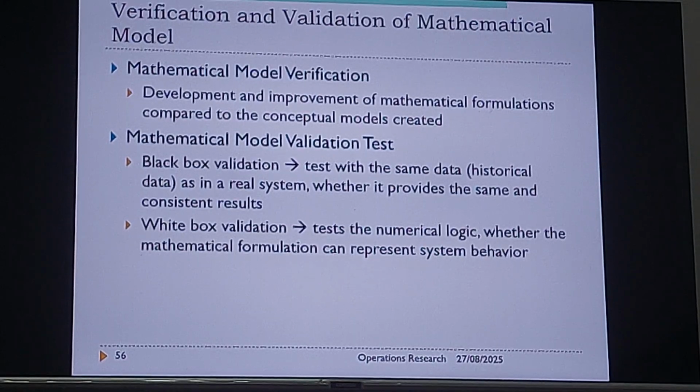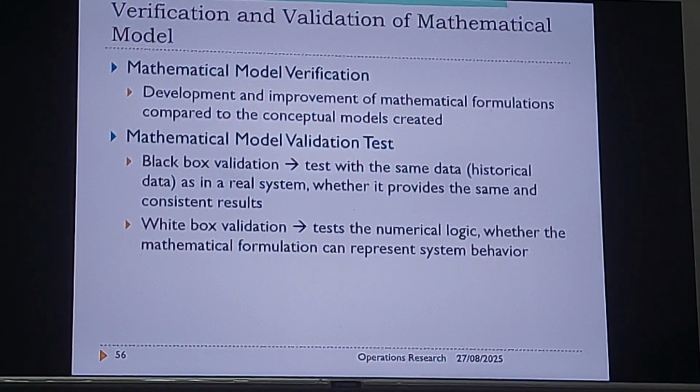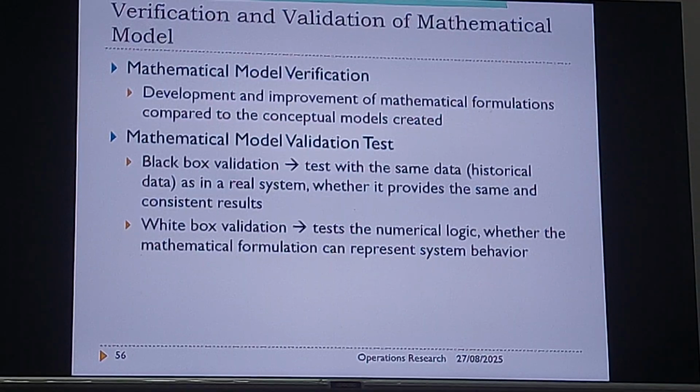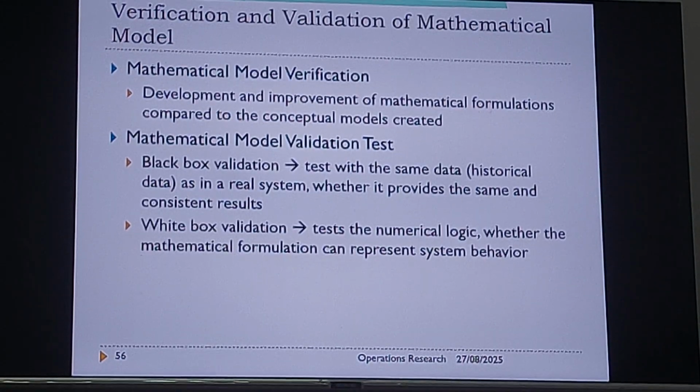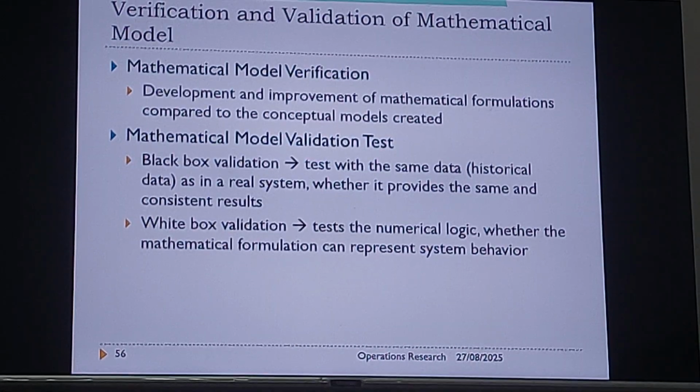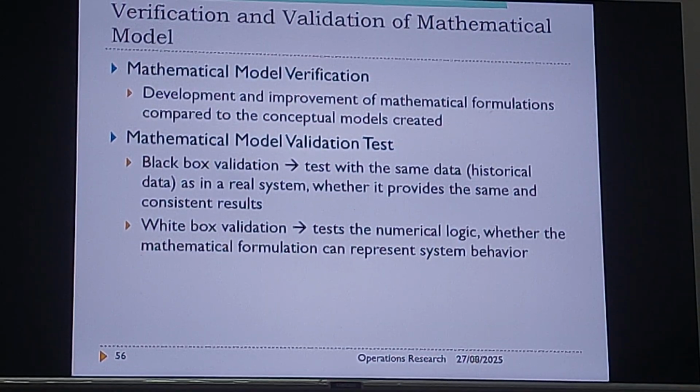Okay. We have verification and validation, which we will also learn later on. Basically, when you model something, you usually start from a scratch, draw a picture or diagram, and then make it into a mathematical model. That picture or diagram makes it easy to understand the real world.